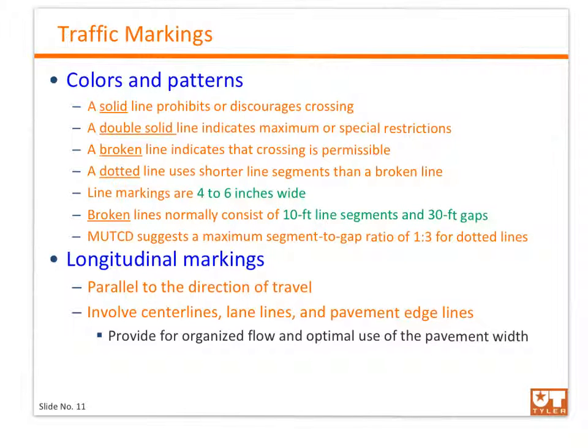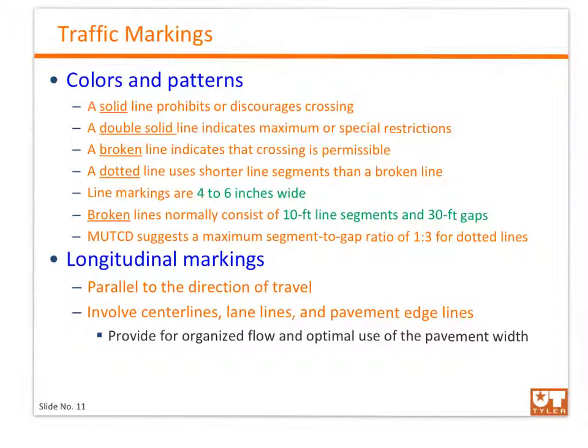Or even a white line between two lanes in the same direction would tell the driver that you cannot change lanes at that location of the highway, for example. A double solid line indicates a maximum or even special restriction. That's used in so many cases to deliver the message that it's really a big deal and you cannot cross that line.